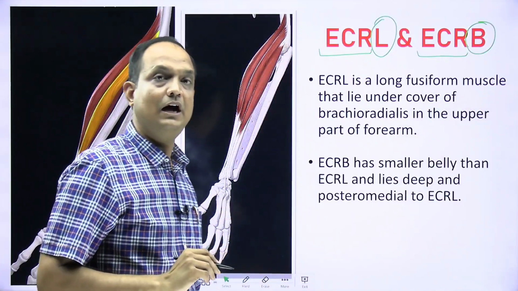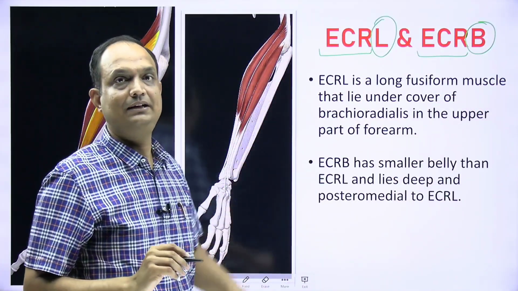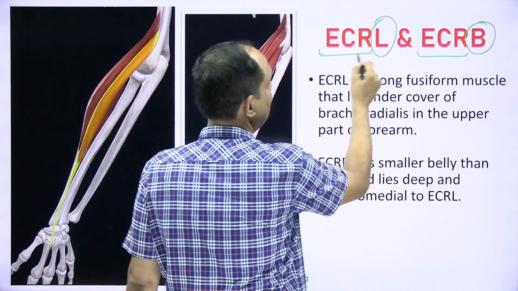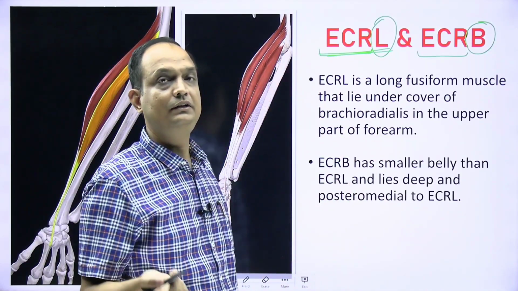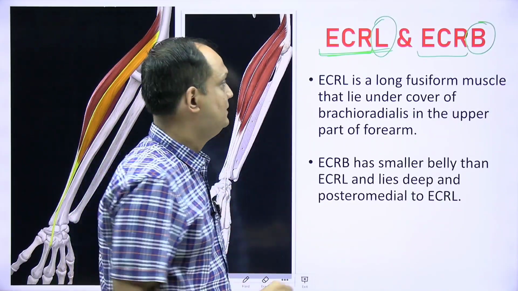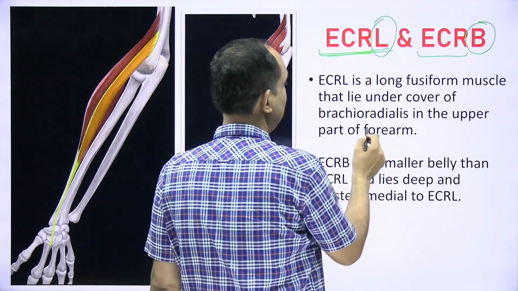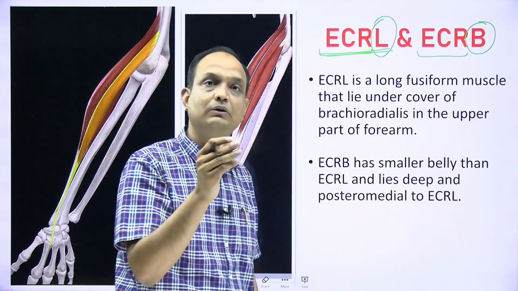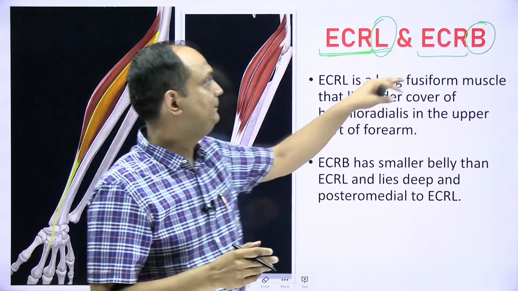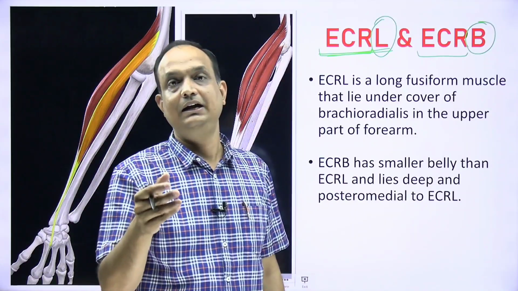Clear? Now I already told you that this longus comes from the humerus, because we are reading the superficial group muscles. So this comes from the humerus and it is coming from the lateral supracondylar ridge, and the brevis is arising from the lateral epicondyle.